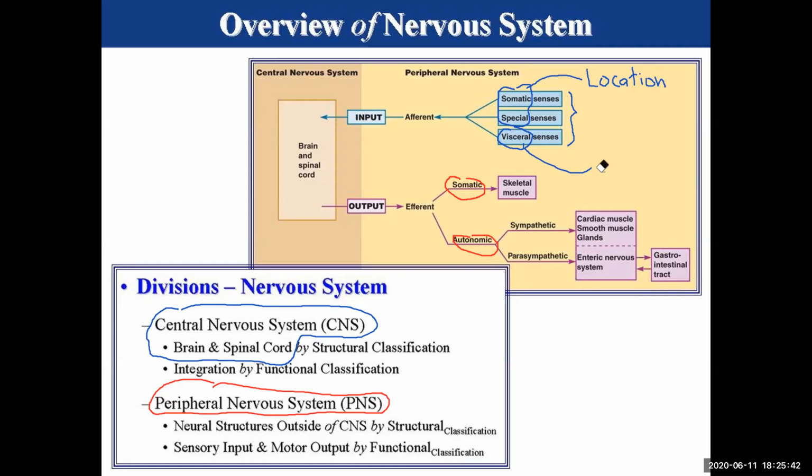Because there's no direct communication line between these visceral organs and your primary somatosensory cortex. This is the region in the brain where you perceive, right? So this is basically perception, conscious awareness of a sensation.